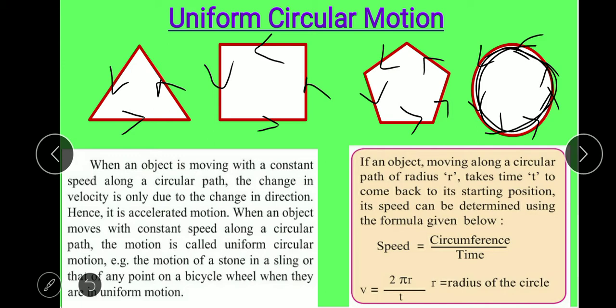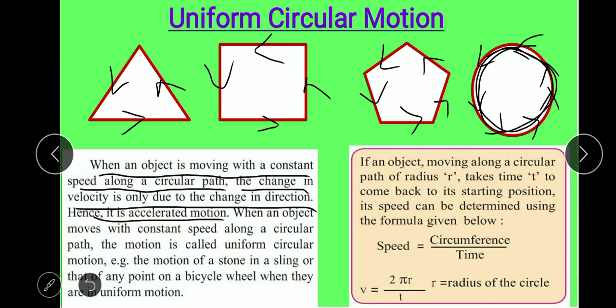Students, let us go through this. It is written: when an object is moving with constant speed along a circular path, the change in velocity is only due to change in direction, hence it is accelerated motion. So you must have understood why it is accelerated motion.